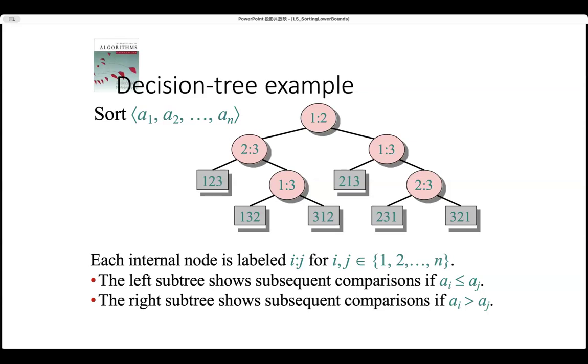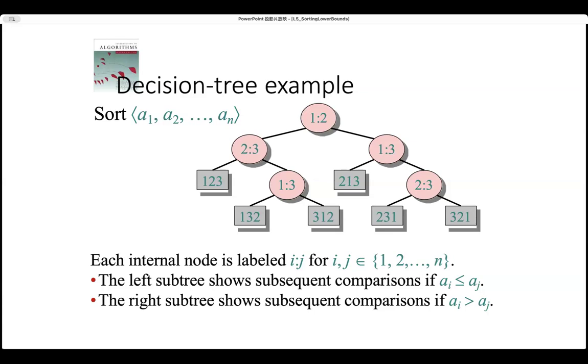But of course, when you generalize this into, let's say, 4 numbers: for 3 numbers, how many leaf nodes do you have? You could have all different possible orders of these 3 numbers. So it will be the permutation, the factorial of 3. You know that, right?